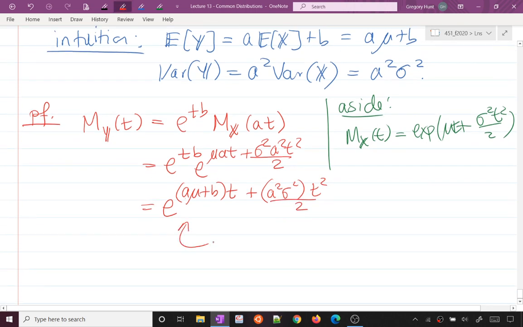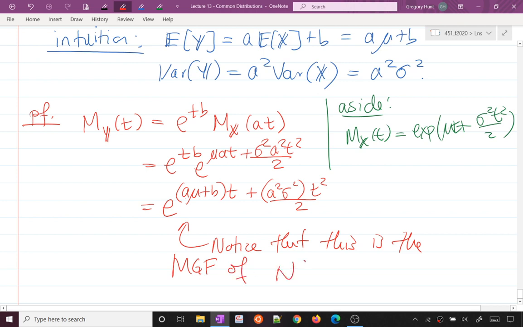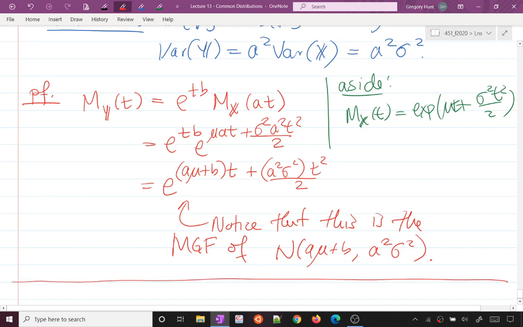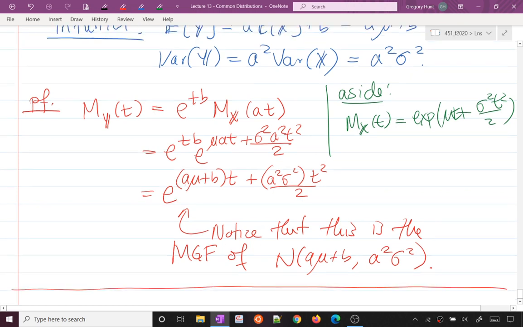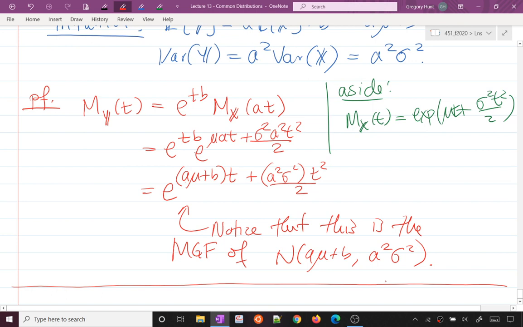And now what we do is we notice that this is the MGF of a normal random variable with mean a mu plus b and variance a squared sigma squared. And so that actually does prove the fact to be true. Because if I know the MGF, I know exactly everything about the random variable. So if I know the MGF is that of a normal random variable, then the random variable is normal. All right.